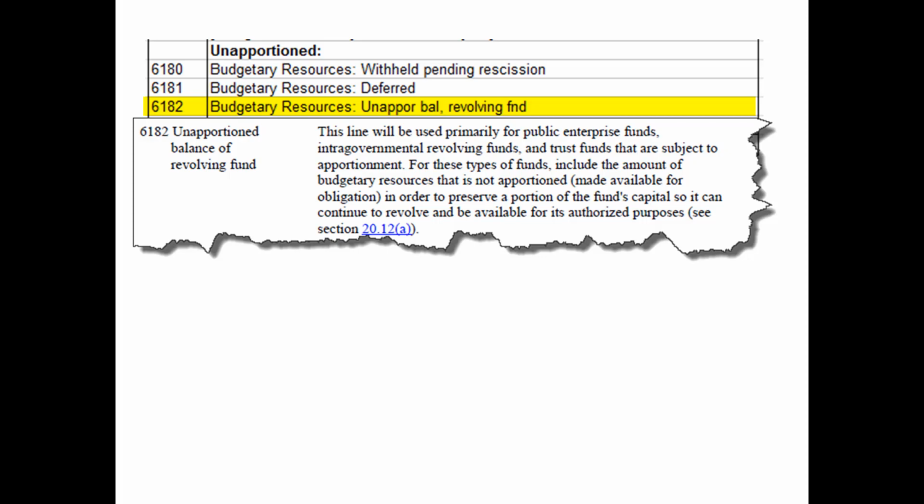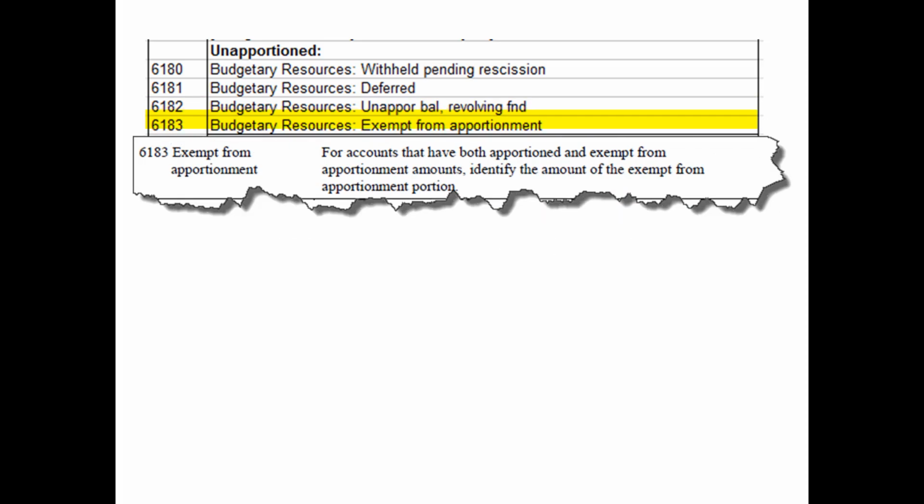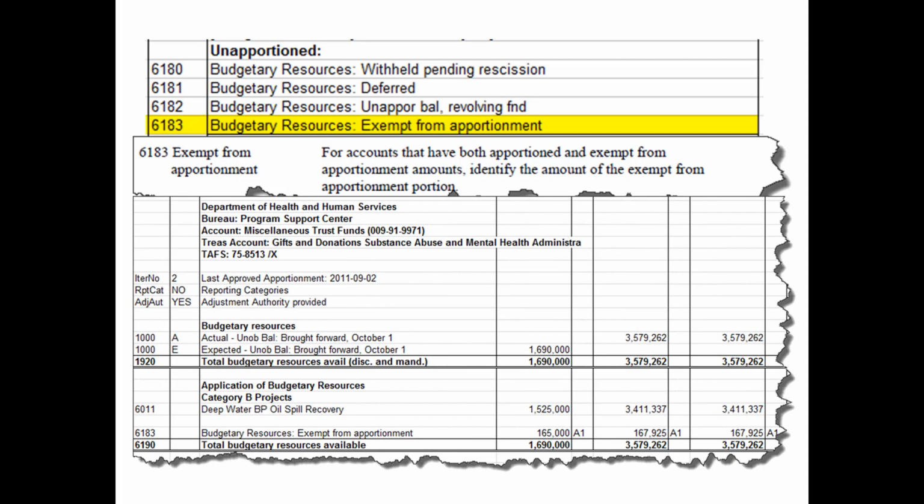Finally, there is an exempt from apportionment line, 6183. Note that this line is only for accounts that have both apportioned and exempt from apportionment amounts. As you might have guessed, this line is rarely used. The only time I can recall seeing this line was used on the gift fund apportionment for SAMHSA and NIH when they received payments from the BP oil spill fund in 2011.